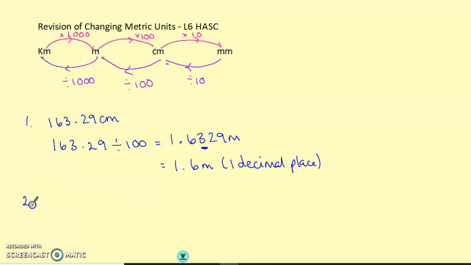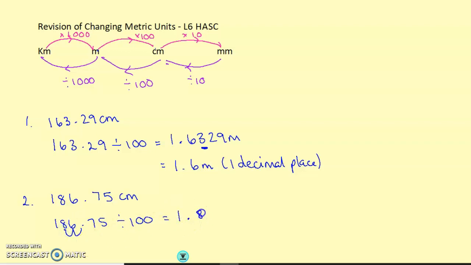Let's try another one. Let's say somebody is 186.75 centimetres. And again, we want to know what the height is in metres to 1 decimal place. Divide it by 100. Again, you can use your calculator to do this if you need to. I'm just going to move my point back 2 spaces.